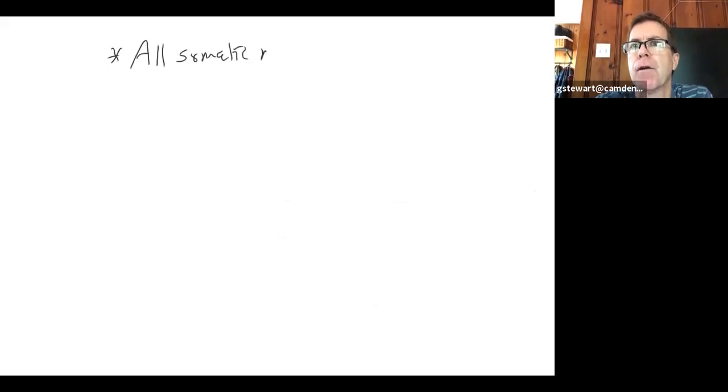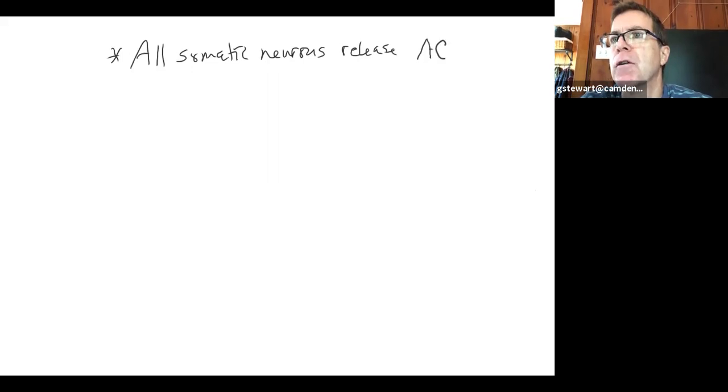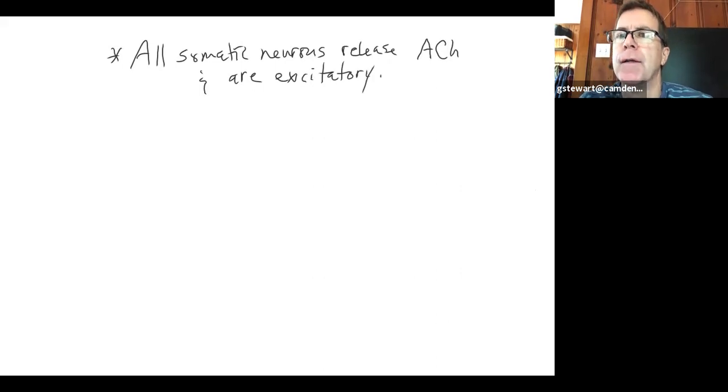All somatic neurons, and remember that's a single neuron, no two neuron chain, release acetylcholine as neurotransmitter and are excitatory. The autonomic nervous system gets a little more complicated.